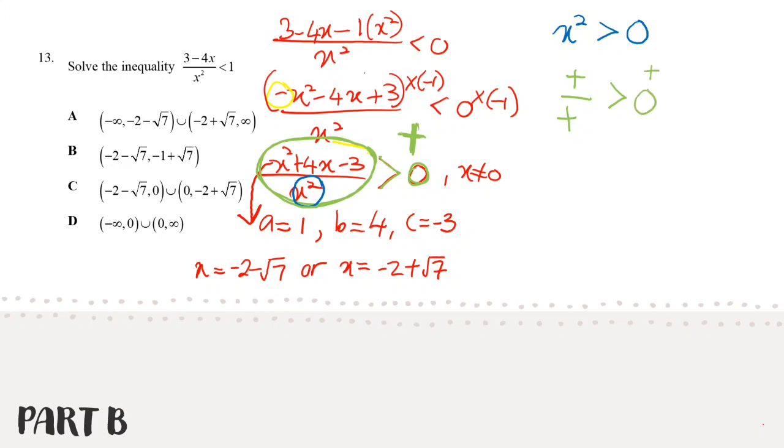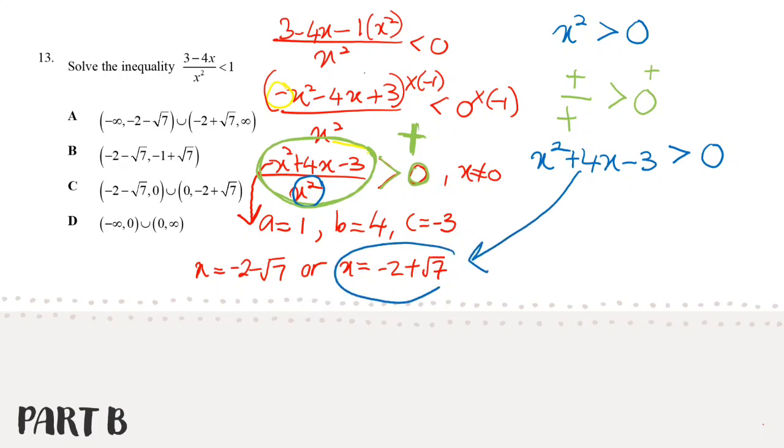And then we may conclude that x squared plus 4x minus 3 must be positive as well, or greater than 0.